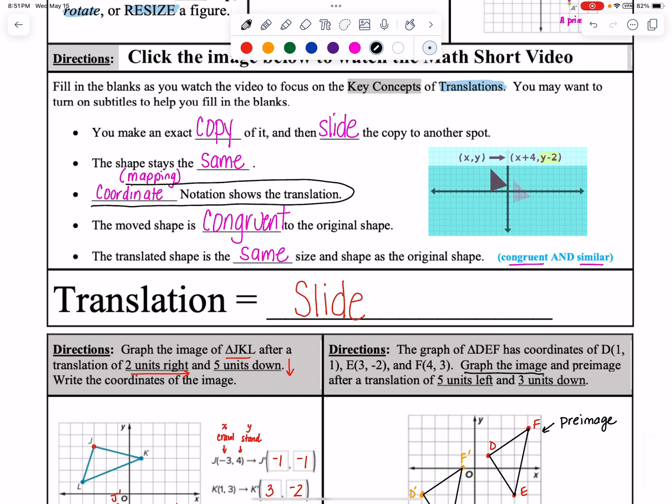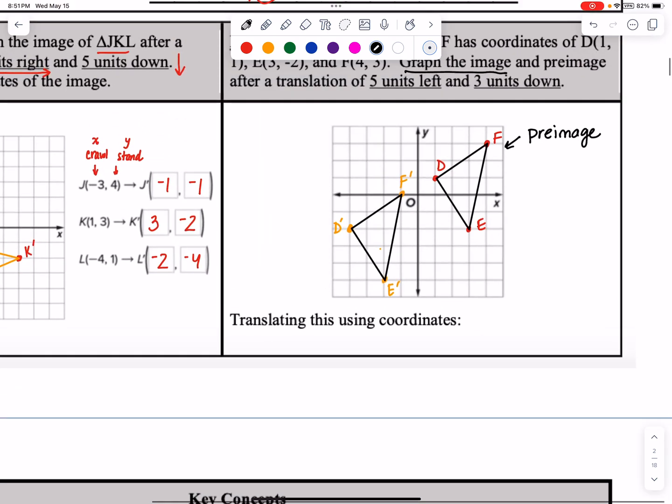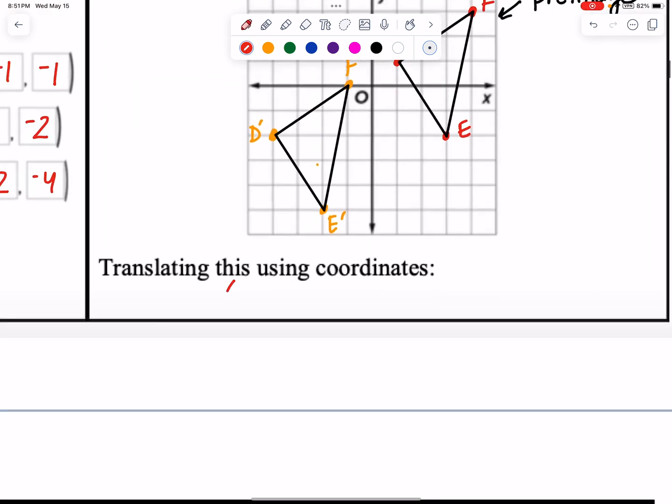And what it's going to do is show what happened. And you can see an example of this right here. Okay, it's almost like a rule. What did you do to each of the points? So I want you to just write the rule for what happened to X and Y. And so we're going to say X comma Y, and draw an arrow, and let's go ahead and say what we did to X and Y.